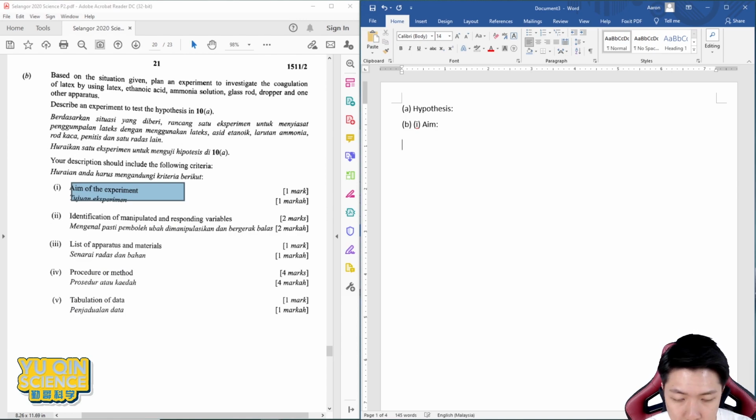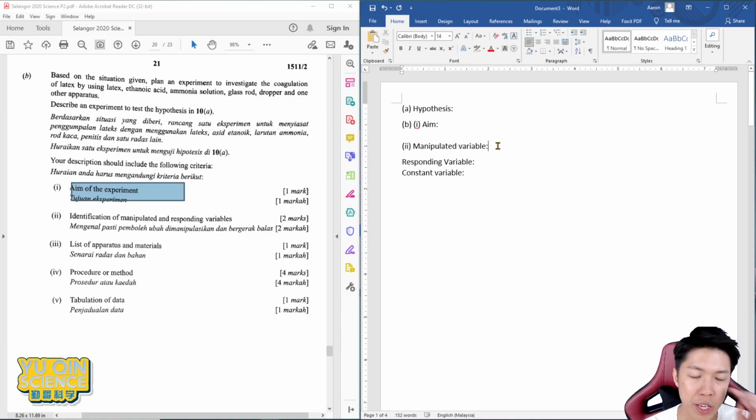I'm not going to do it as well, I'm going to skip it. Number 2, variables. We will have all 3 variables. Number 2, identification of variables. So we have manipulated variable, responding variable, and constant variable.